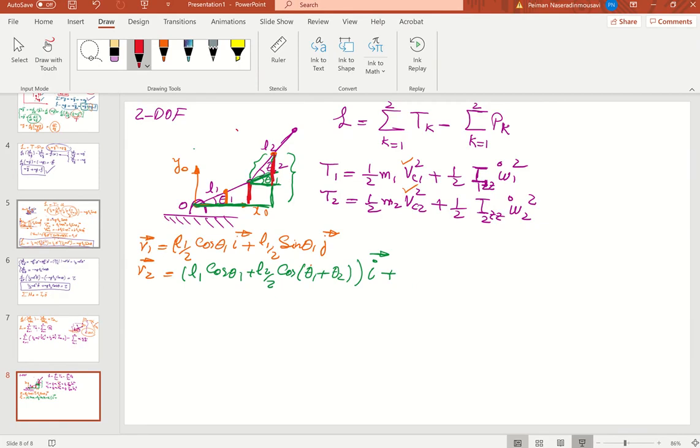Again, this is obviously going to be L1 sine theta 1, and this is again plus L2 over 2 sine theta 1 plus theta 2 in J, right? But we need the VC1 and VC2.